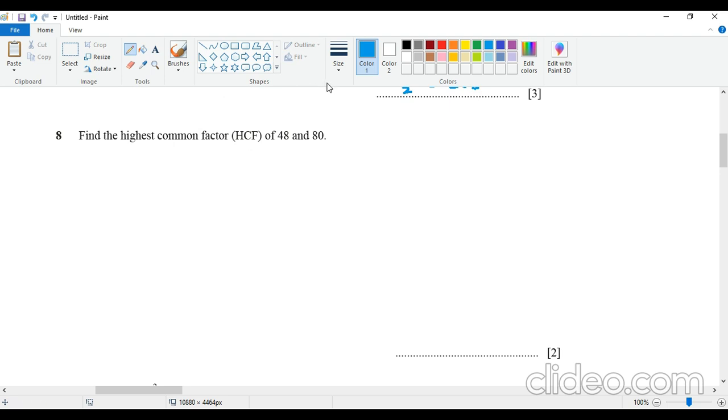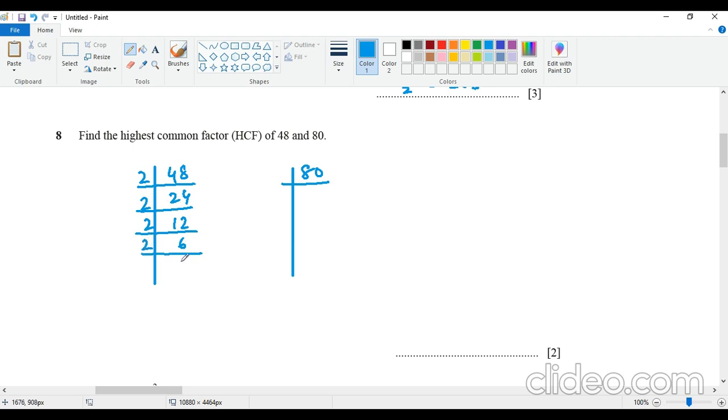So for that, we are going to follow a pattern, making two different lines, and we write 48 here and 80 here, and we start dividing by 2. 2 times 24, 2 times 12, 2 times 6, 2 times 3, and 3 times 1. 2 times 40, 2 times 20, 2 times 10, 2 times 5 is a 10, and 5.